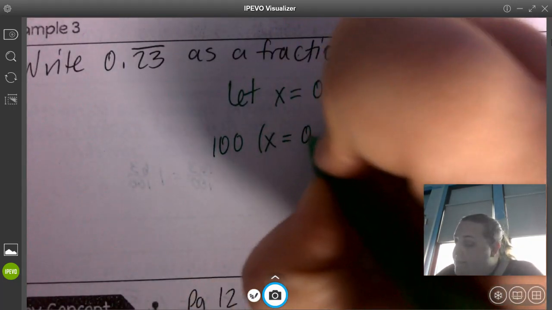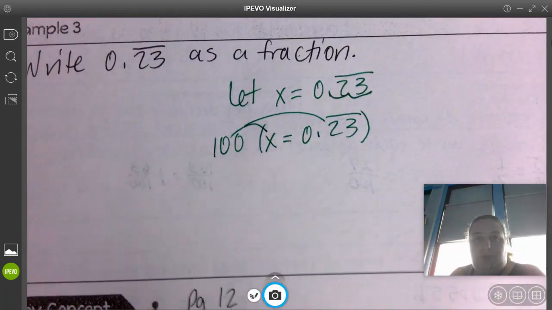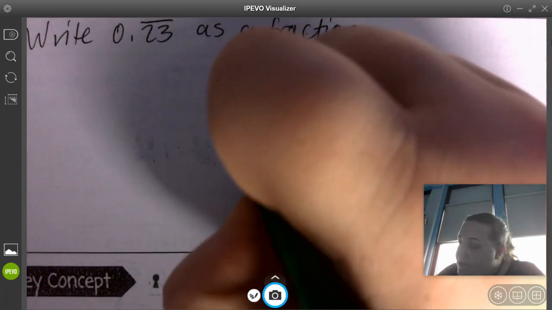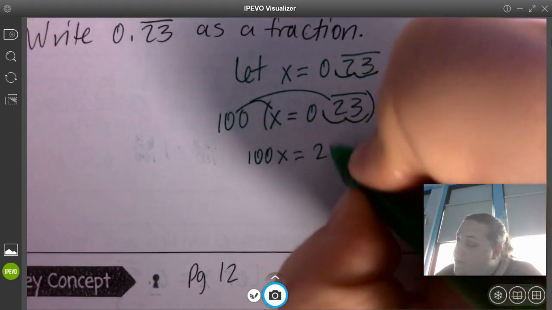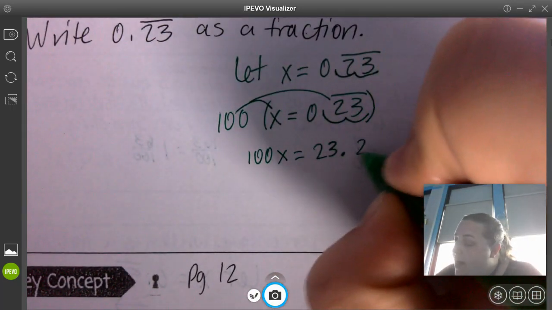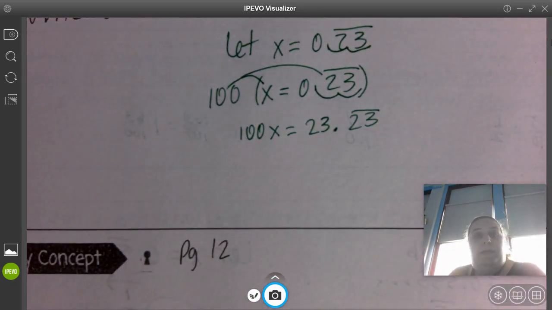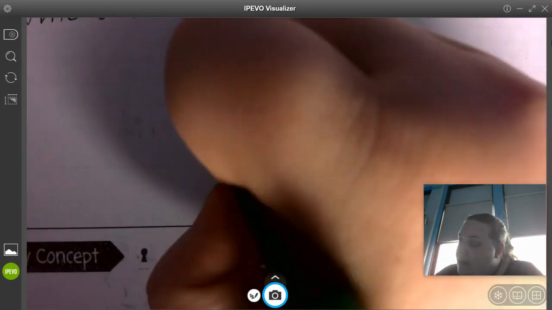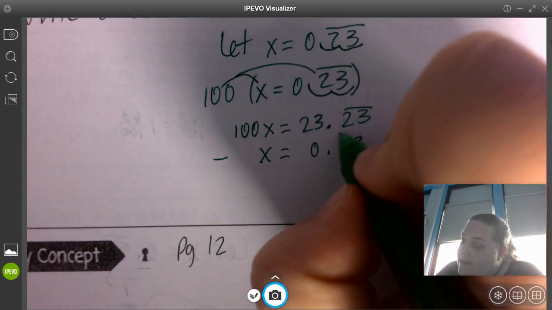So this time, the only difference is I'm going to multiply the equation by 100 to move the decimal point. So I get 100 times x. The 100 allows me to move it twice, so I have one set of the pattern in front of the decimal, okay? And then that pattern keeps repeating forever. And once again, we need to get rid of that decimal point.